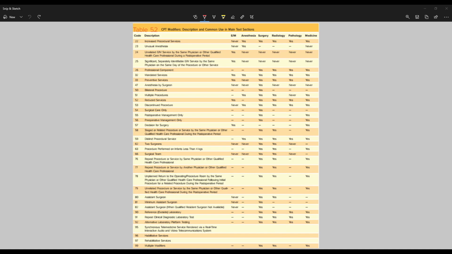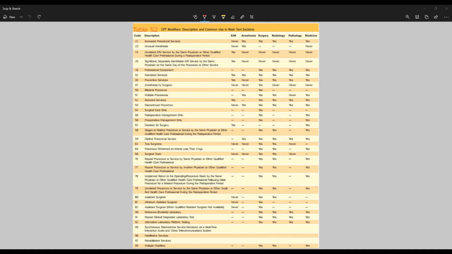A surgical team isn't needed for anesthesia, and a surgical team has nothing to do with E/M care, right? So it's important to consider why a code is being used to see if it's appropriately being used. And this is one of the first steps for that, is to make sure that that code is actually compatible with the service type.